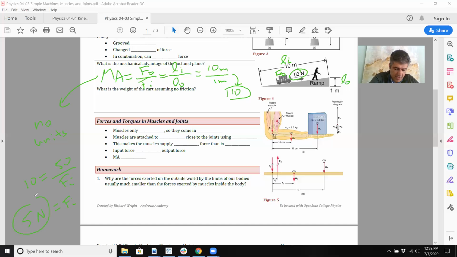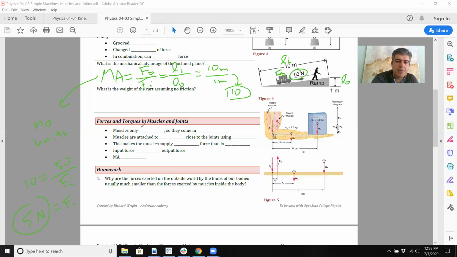So that's the advantage there. If the thing weighs 50 newtons, you don't have to use as much force to pull that up.